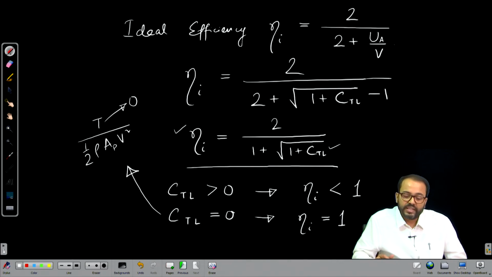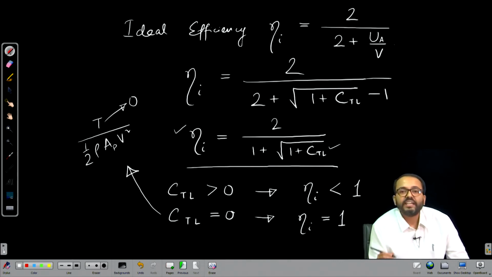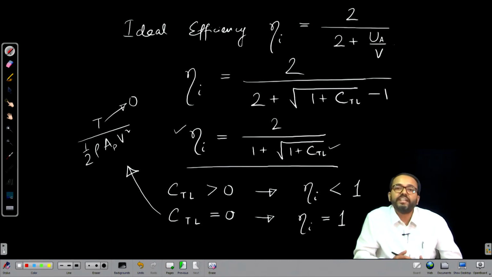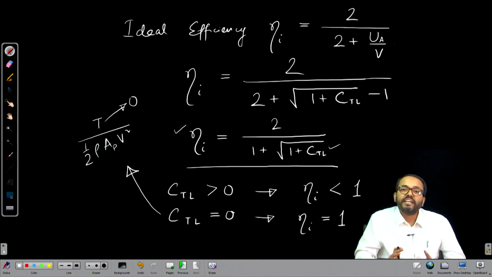Okay. So, another important thing that should be mentioned here is this is a very simplified assumption that in this axial momentum theory the propeller or the disk is not imparting any rotation to the flow. Now, what happens if we consider a rotation in the flow? If we do that, then the ideal efficiency will be slightly reduced by another fraction which will come from the rotational value.